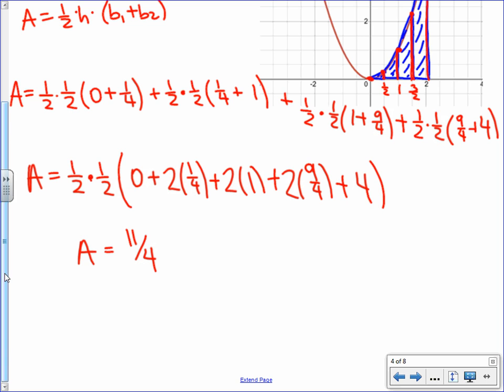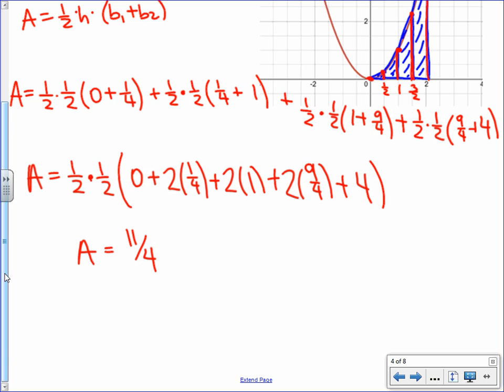You must have added one little thing wrong, because you should have 1/16 plus 5/16. That's 1/4 times 1/4, that's 1/16. All right, so our area is 11/4.